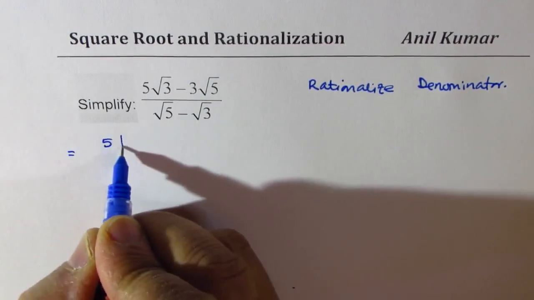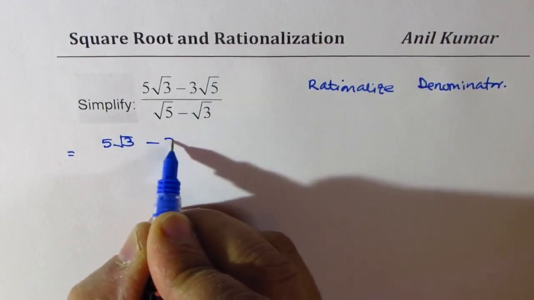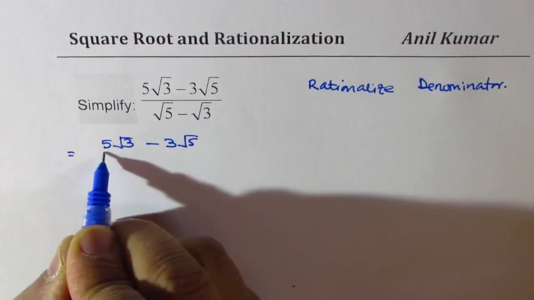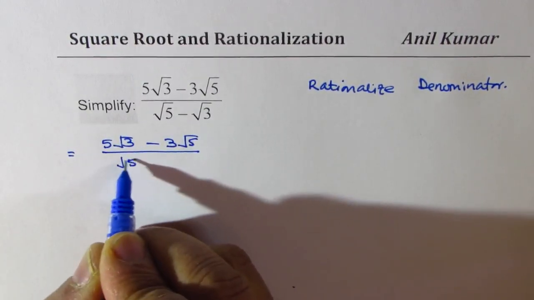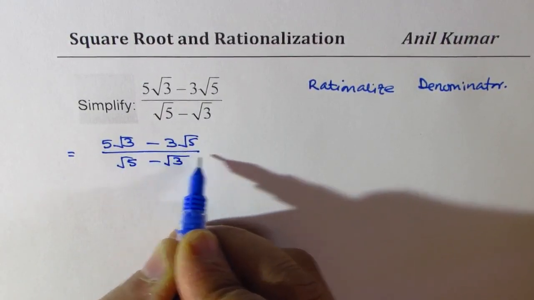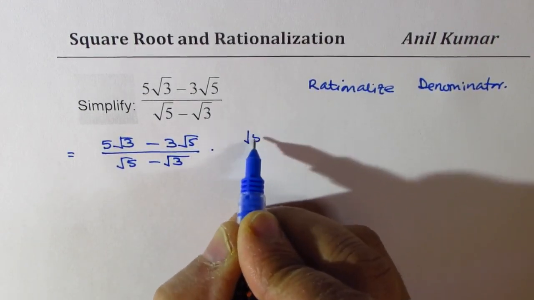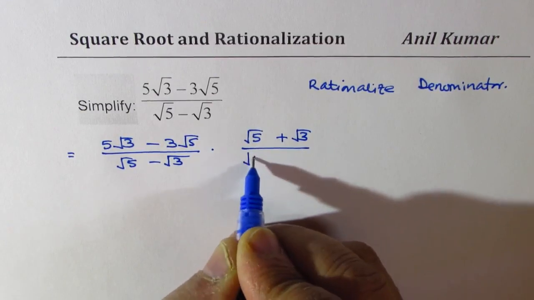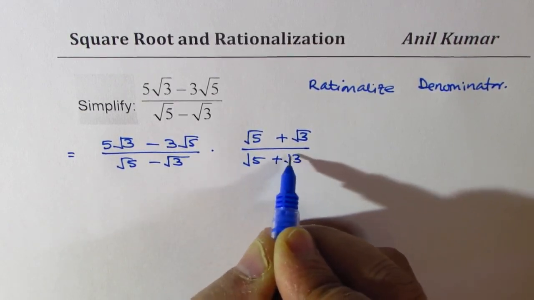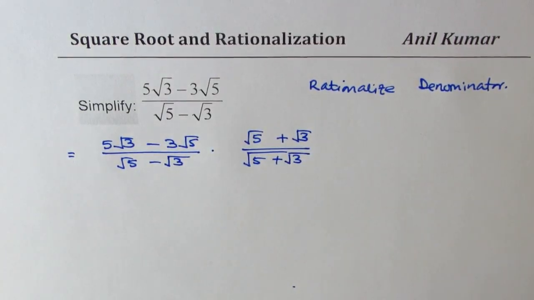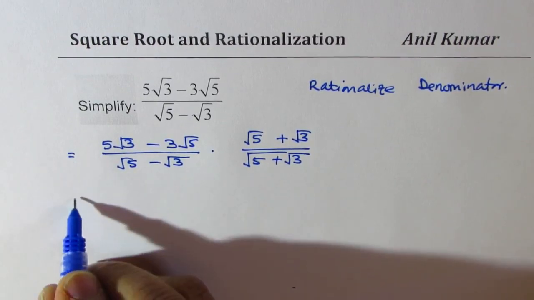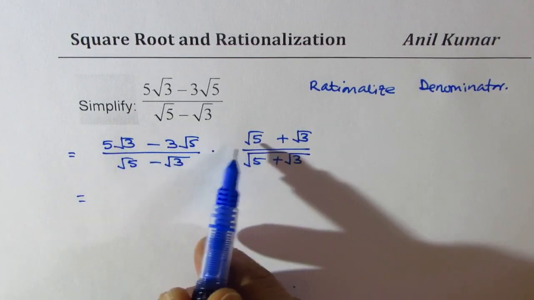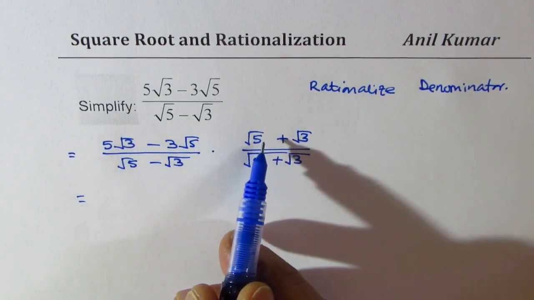So we have 5 square root 3 minus 3 square root 5 divided by square root of 5 minus square root of 3. We'll multiply and divide by square root of 5 plus square root 3 divided by square root of 5 plus square root 3. So that is the first step for rationalization. In the numerator, you have to apply the distributive property.